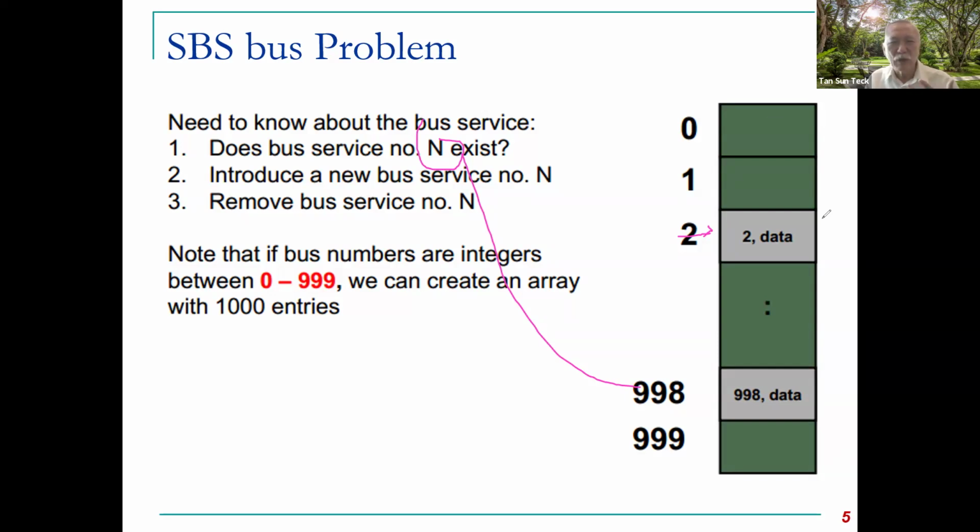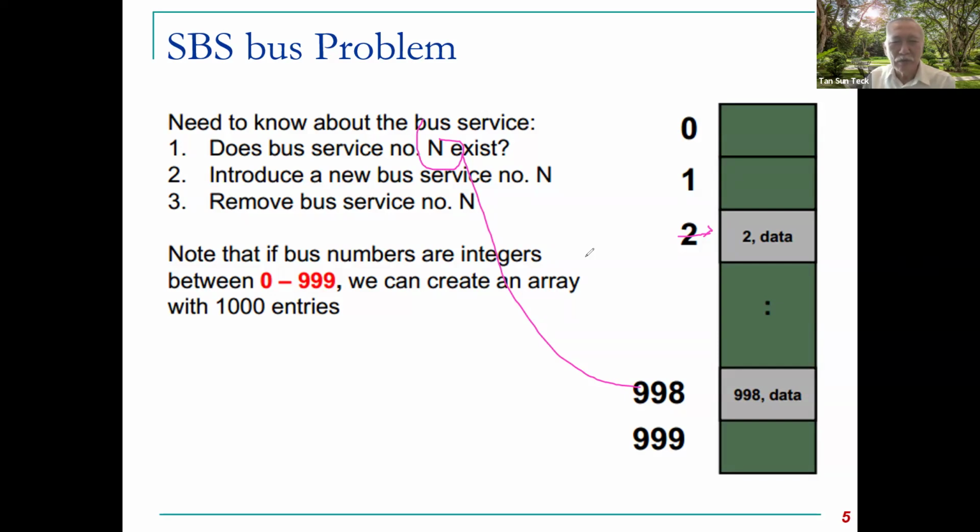Of course, sometimes we have to remove some of the services because maybe there's an MRT station built there. This service is no longer useful, right? So of course, the company doesn't want to lose money, so they want to remove that bus service. So what you do, you just use n to go to that place and then just remove that record. Right.